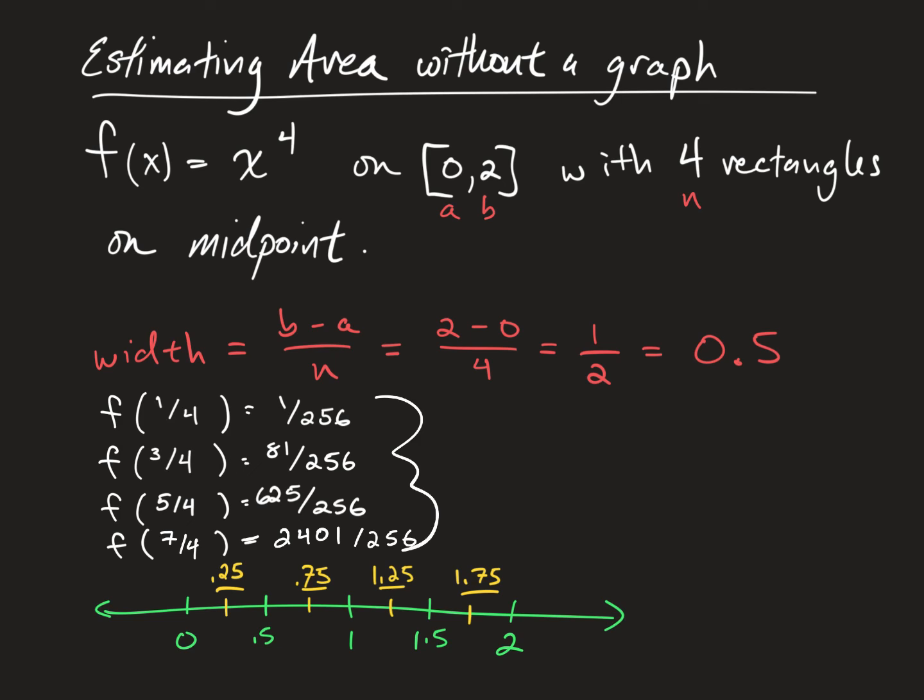The heights come from function values. And you can look at this one of two ways. We can take this height and multiply it by this width, either 1/2 or 0.5. I think 1/2 might make more sense in this situation. Then we could take this height and multiply by this width, and this height and multiply by this width, and so on. Or we can recognize that each of these will eventually be multiplied by the width, and we can just add all of these together first, and then multiply by 1 over 2 for the width.